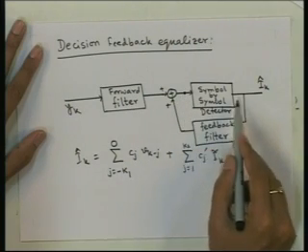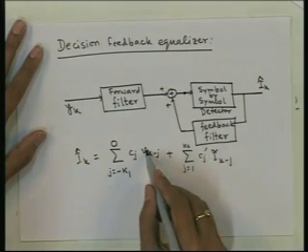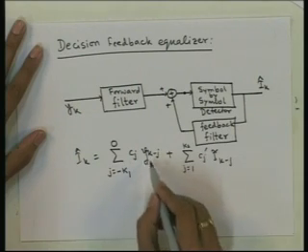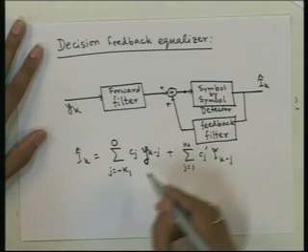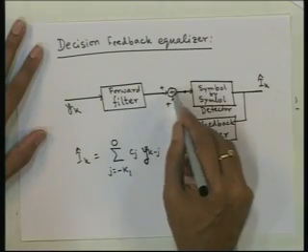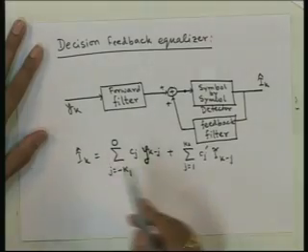We can assume that this is going through this and this is y k minus j, and this is passing through this. So, the two filter outputs are taken and they are added to get I k hat.